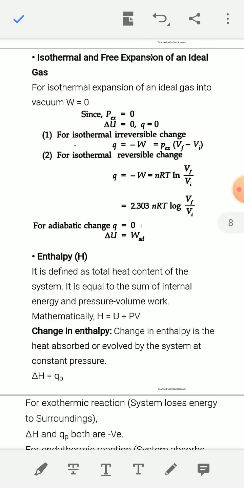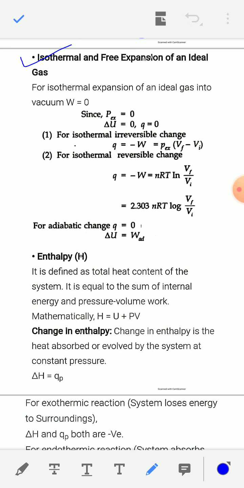Now see isothermal free expansion. Free expansion means external pressure is 0. I have told that work done means minus external pressure into volume change. If external pressure is 0, then the work done W is equal to minus P into delta V, so W is also 0.